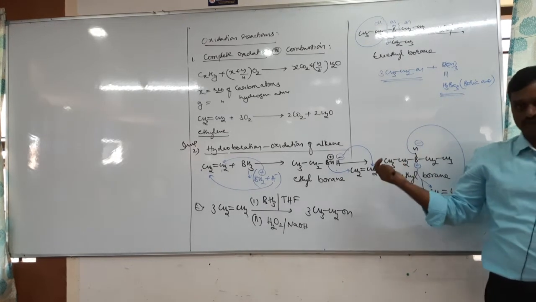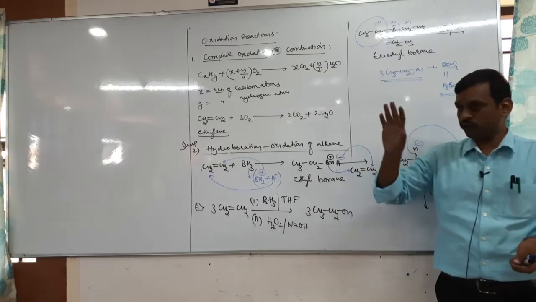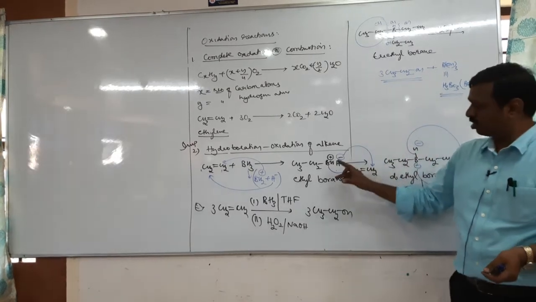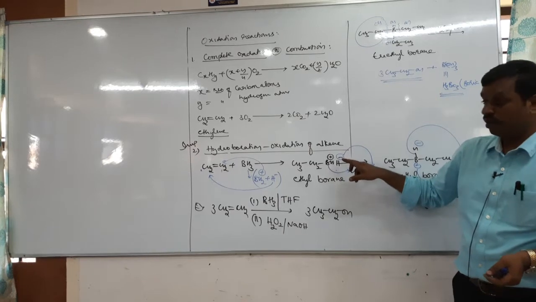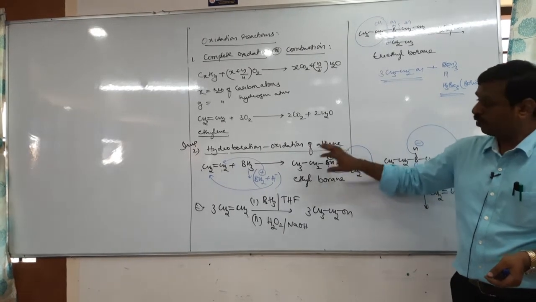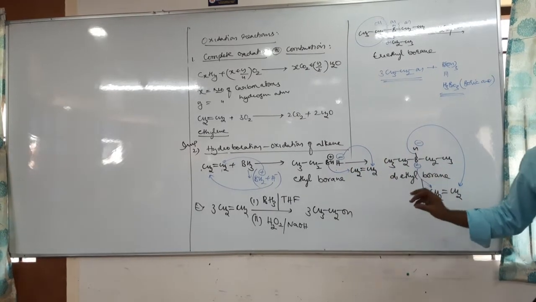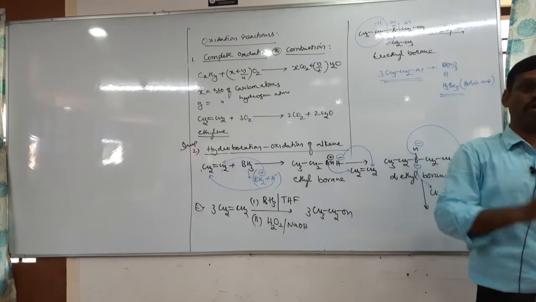This reaction, I repeat once again, listen carefully. This reaction follows, of course, Markovnikov rule, addition of electrophile and nucleophile, but the nucleophile added is what? H negative. It follows Markovnikov rule, but the product which comes in this reaction is anti-Markovnikov.